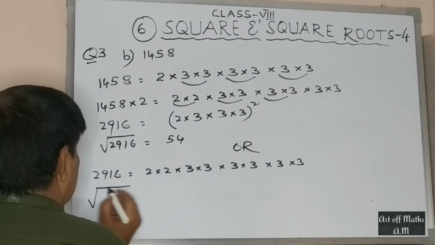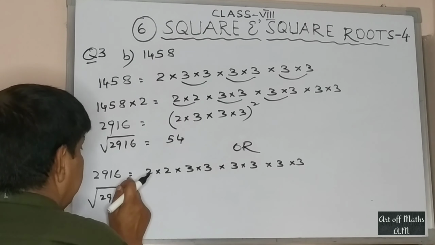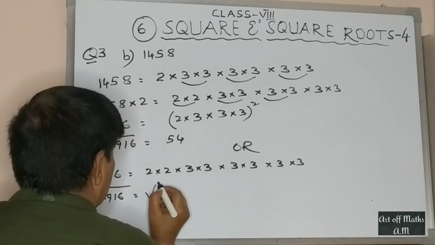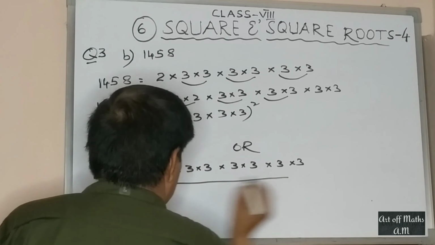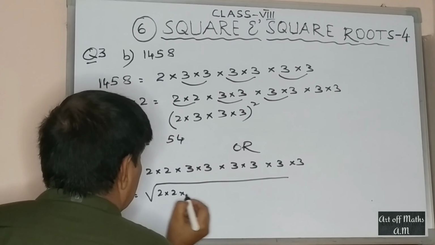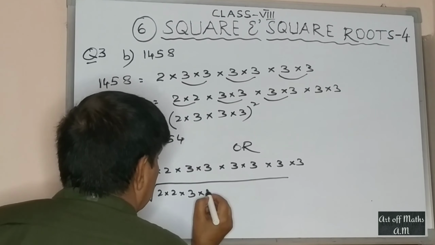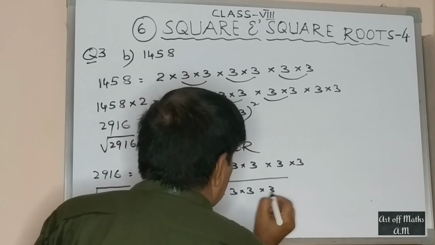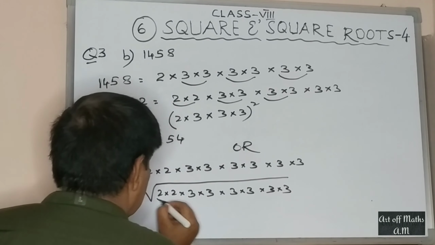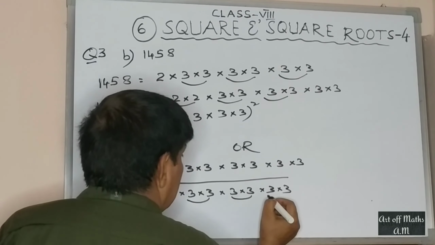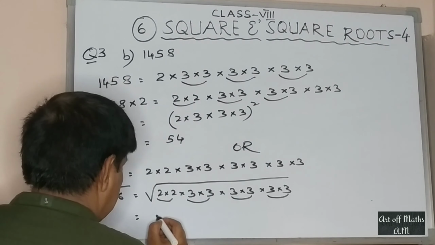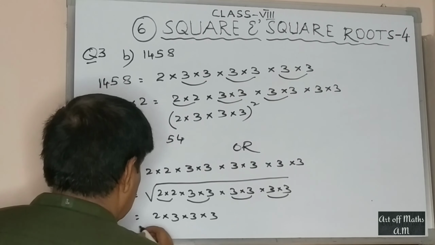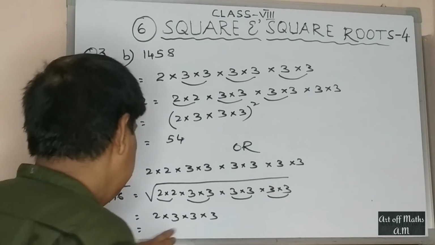Put square root on both sides, being equal. Taking pairs, 2 into 3 into 3 into 3 equal to 54.